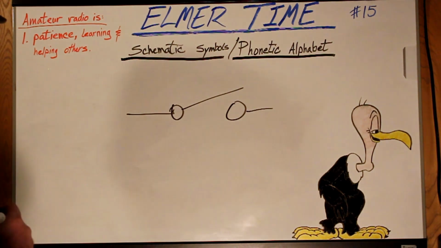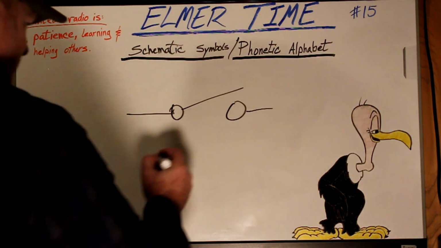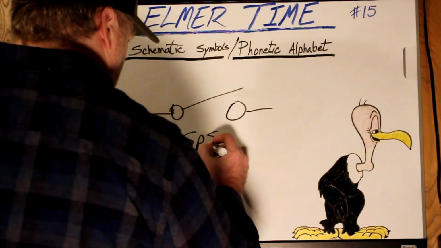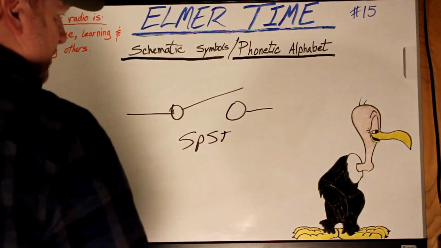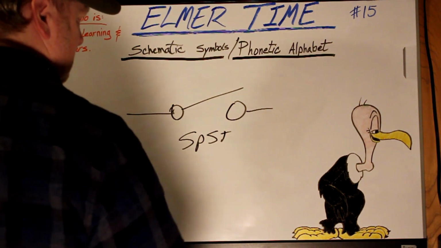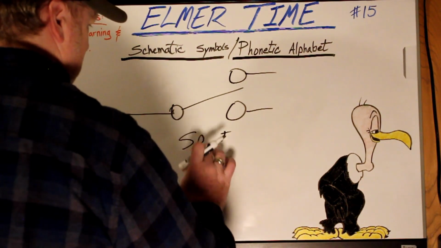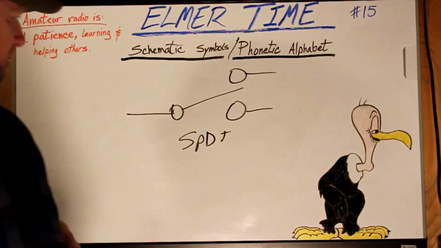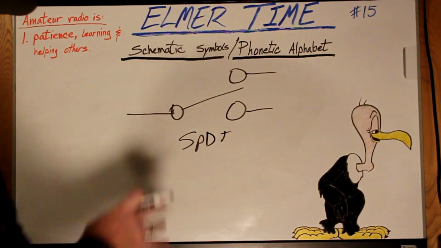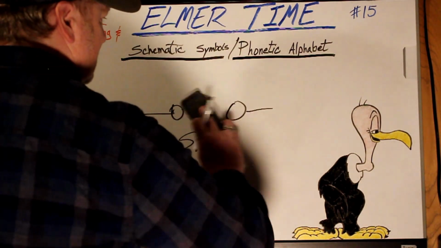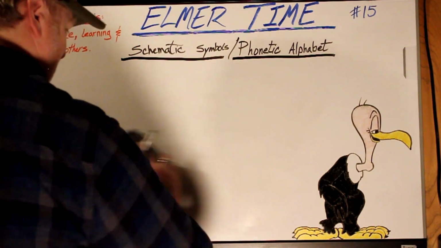That would be a single pole, single throw switch. Make it a single pole, double throw. Now it's a double throw. There's so many different kinds of switches, but you can see what's going on here. That would be what a switch looks like on a schematic.